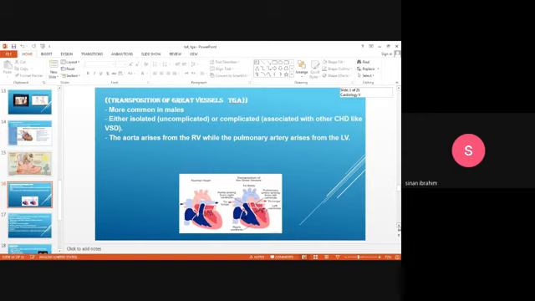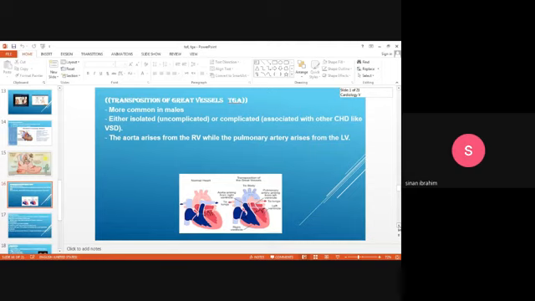Now, the second part of our lecture, we'll talk about the dextro-transposition of the great arteries, the second most common type of cyanotic congenital heart disease, which is more common in males.